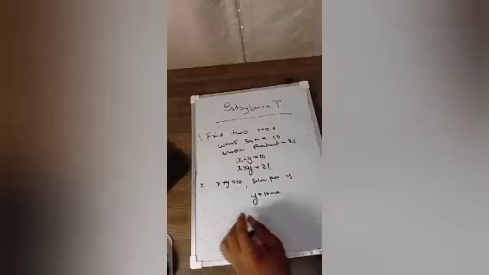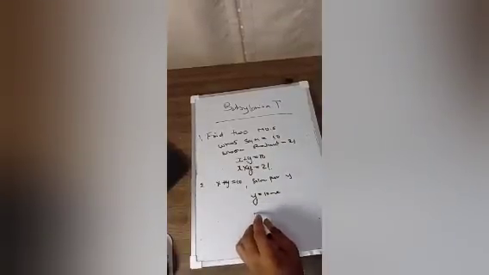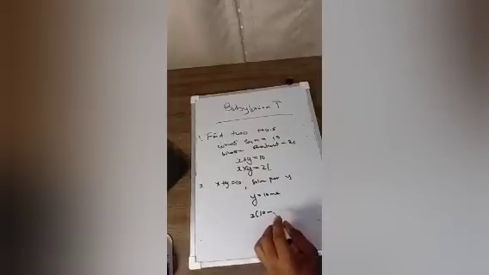We say x times (10 minus x) is equal to 21. Now we expand this and this: 10x minus x squared is equal to 21.